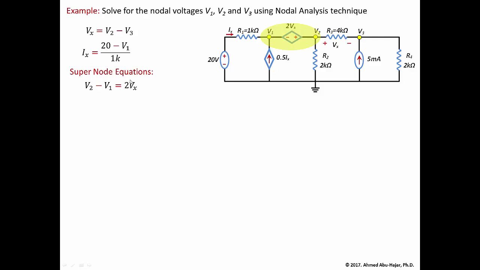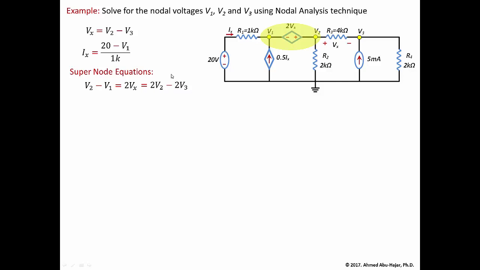But we already know what Vx is. It's the voltage defined here. Then this equals 2 times V2 minus 2 times V3. Basically, we substituted for Vx here. Now we bring the 2 times V2 to the other side, and it becomes negative 2 times V2.